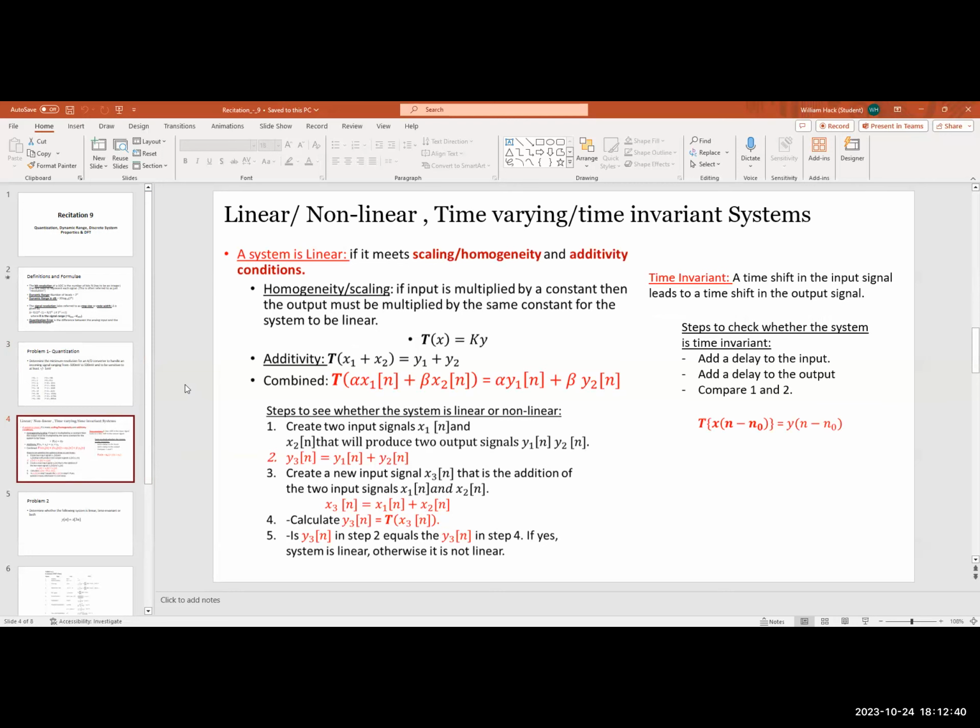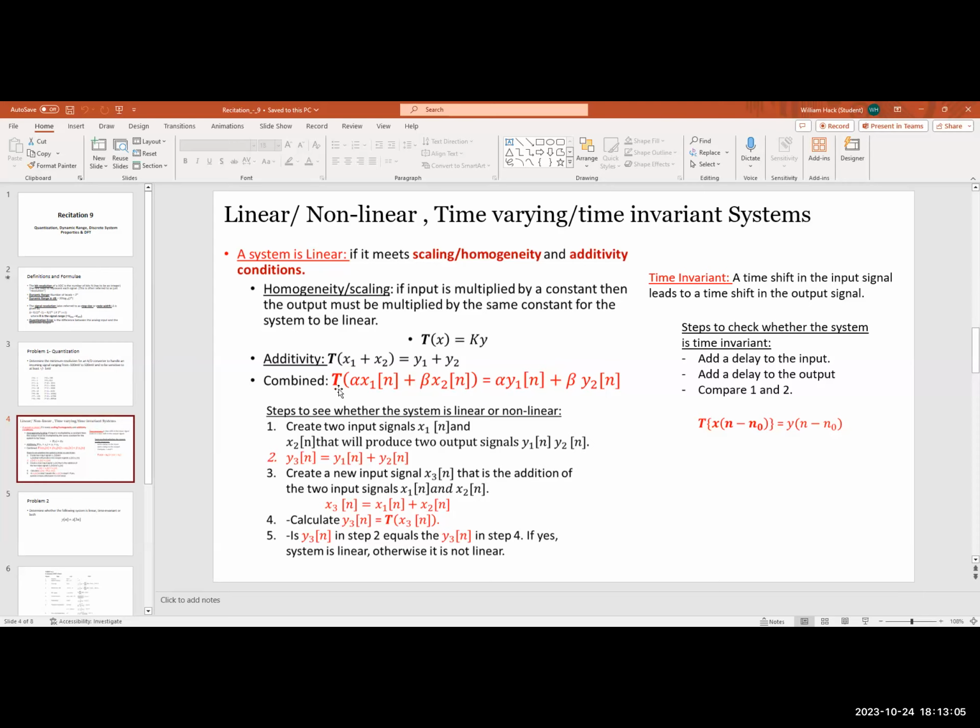We define a system as linear if it meets the scaling and additivity conditions. The scaling condition is if the input is multiplied by a constant, the output is multiplied by the same constant. And additivity is if you do x1 plus x2 and input it into the system, it should give you the same as y1 plus y2.